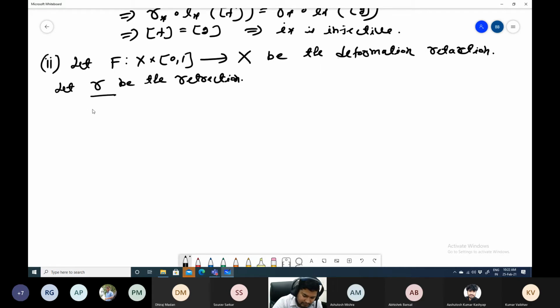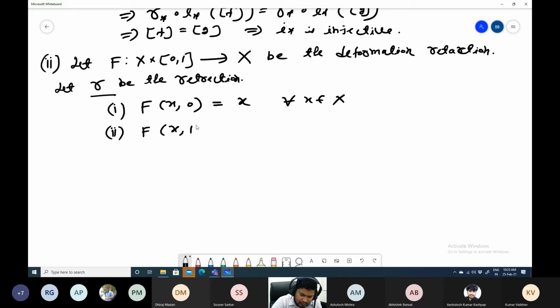Now, what does it mean? I just use the definition. f of (x, 0) is x for all x. f of (x, 1) is R of x for all x.